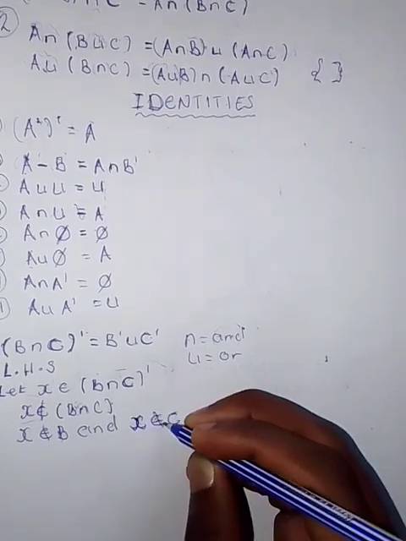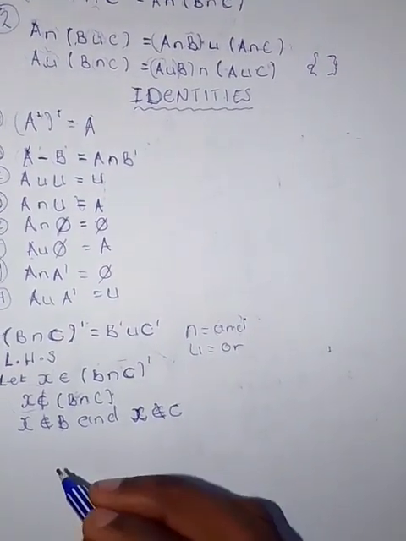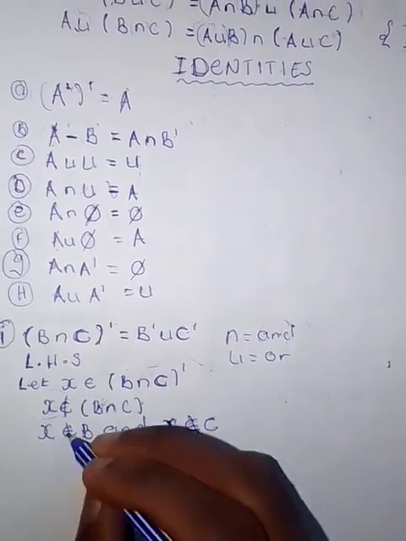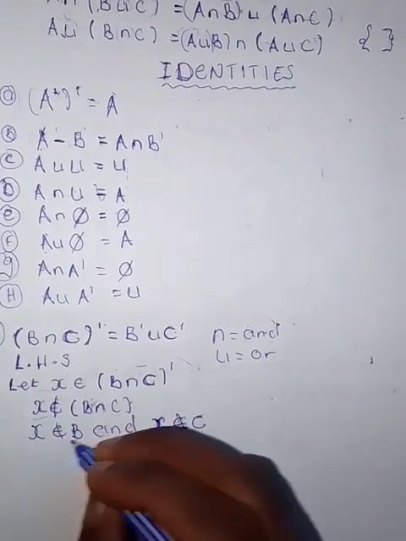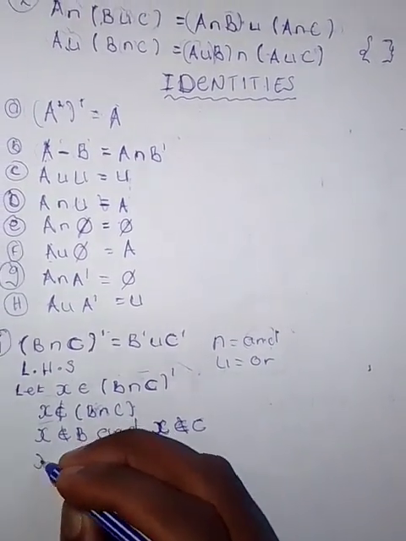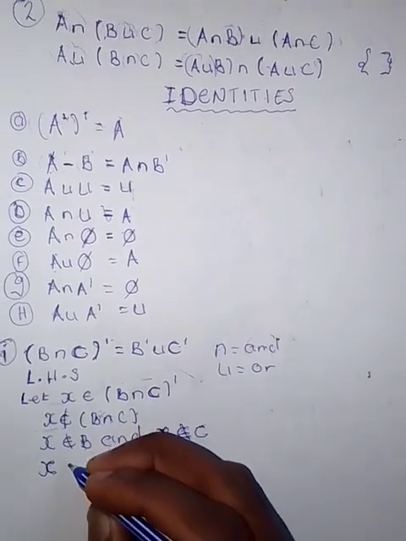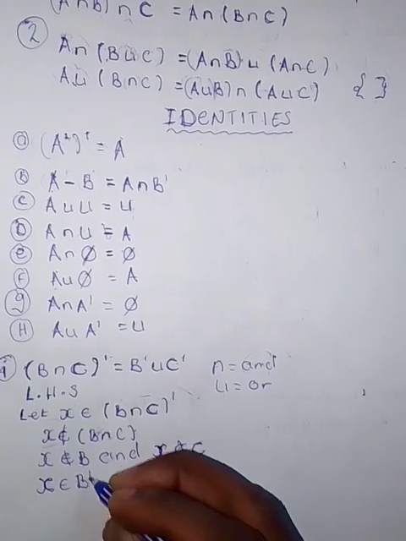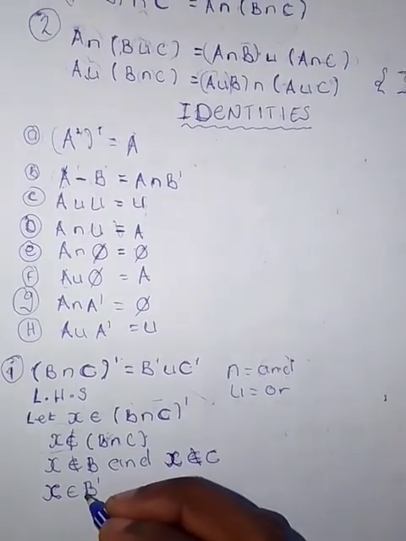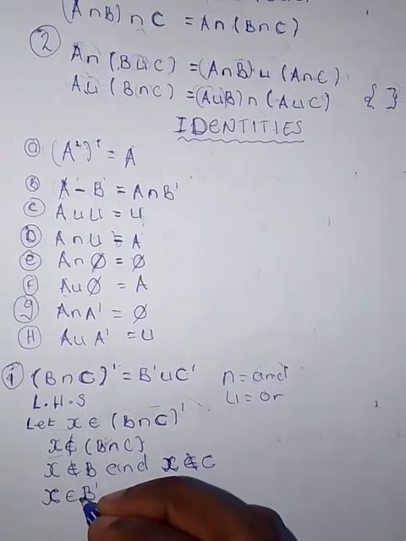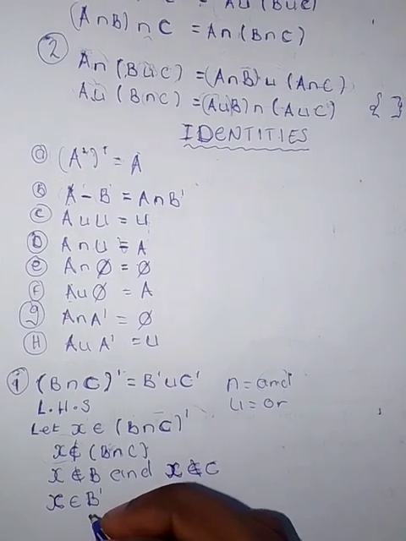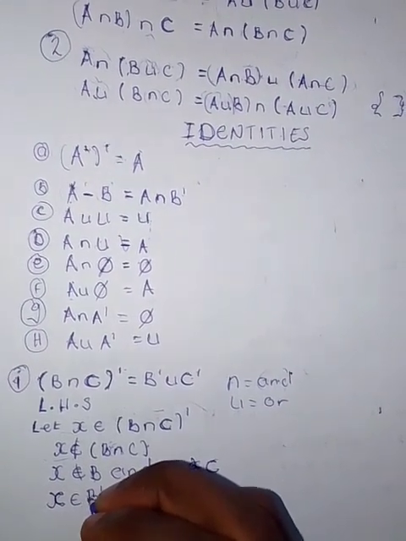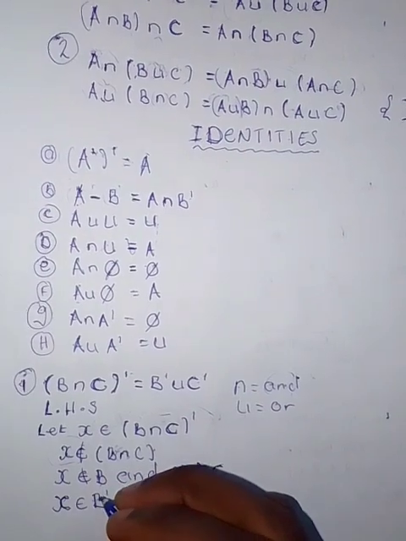Okay, so now as you can see, we're saying that x is not a member of B, right? So this can also be written as x is a member of the complement of B, meaning it is a member of a set that is having elements that are not in B, meaning it is not a member of B. I'm pretty sure by now you understand the meaning of complement.